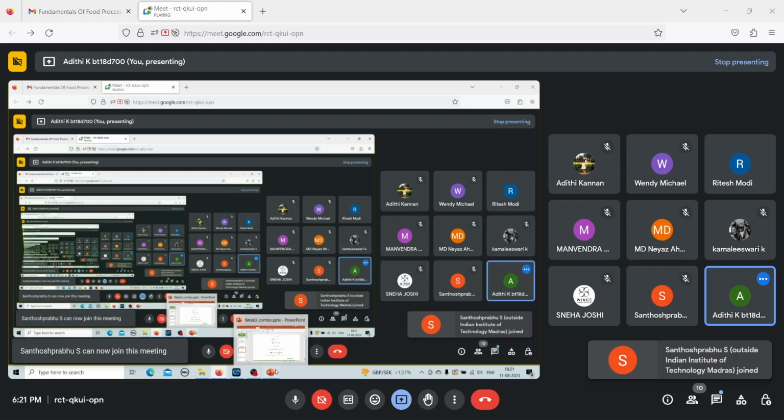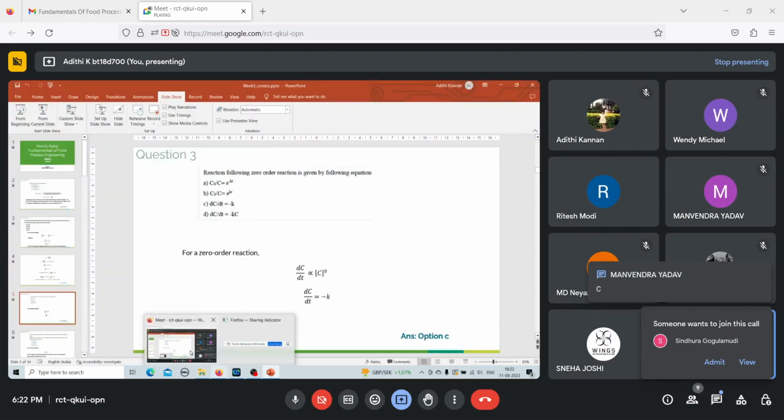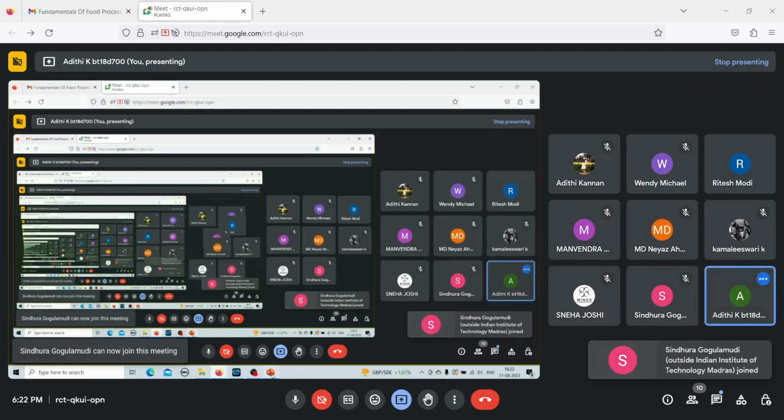So let us assume that it's a zero order reaction kinetics where some concentration is decreasing. So if the concentration is decreasing, what will be the answer? Yeah, so C is the answer for this. So for a zero order reaction, dC by dt is directly proportional to C power n.